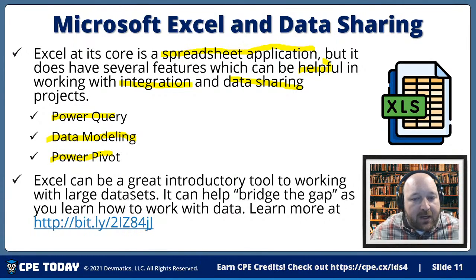Now, data modeling is a capability of Excel, but it's much more of a process, a workflow-centric item that is dependent on how you set this stuff up. It's not a direct function. You're not going to find a button, for example, that says data modeling inside of Excel. It's really just understanding how data modeling works and then applying those principles to Excel.